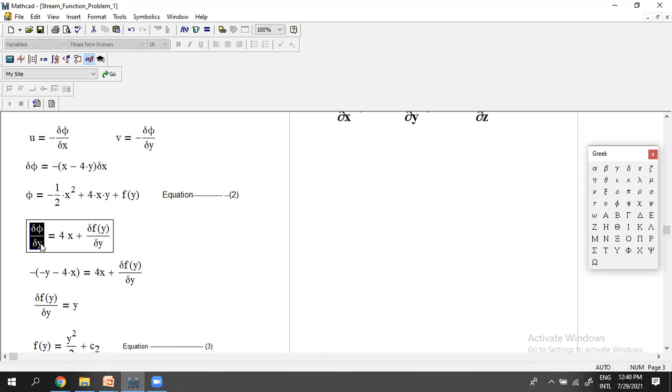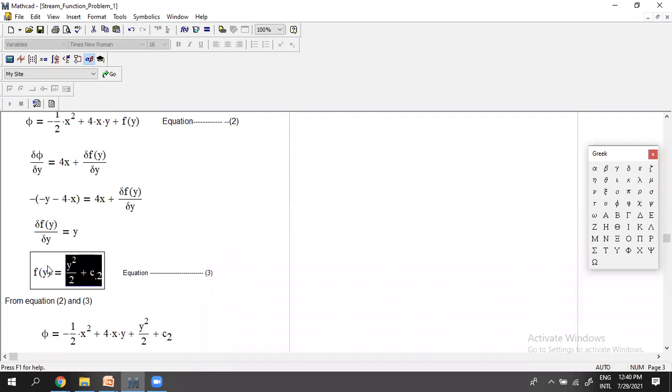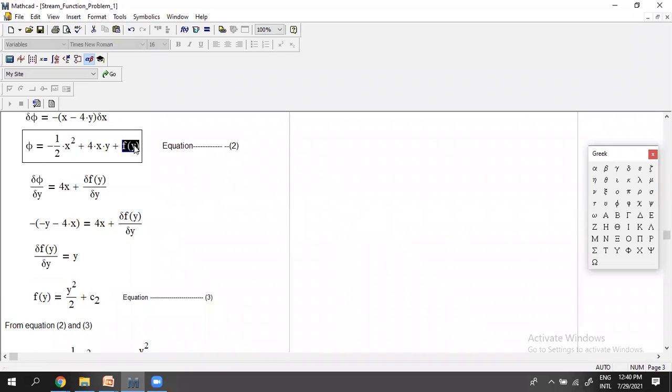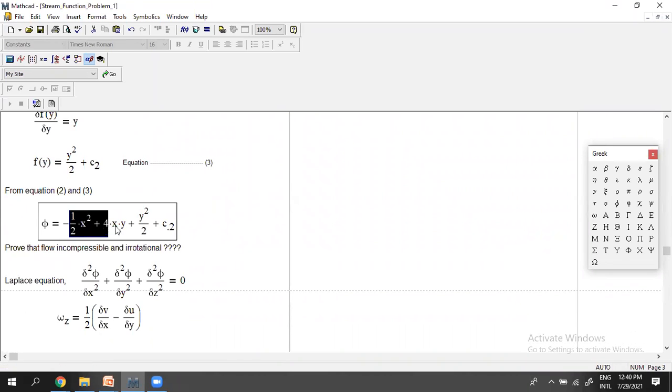With respect to y, then you'll get 4x plus df by del y. Then just rearrange the equation. The x will be out, this term will be this one. So from here, f of y equal to this one. This f of y is substituted right over here. Then you are getting this one.